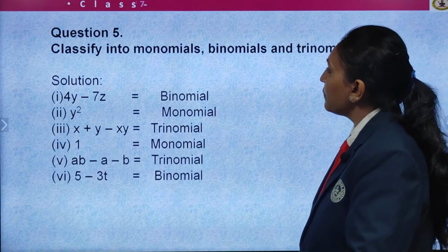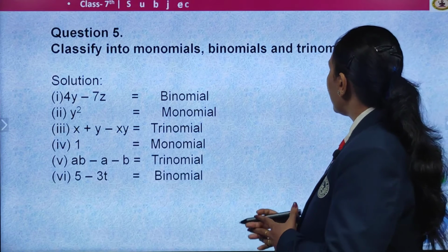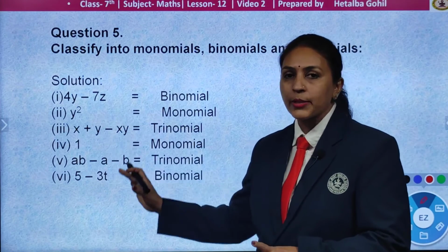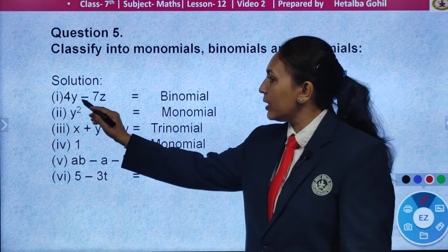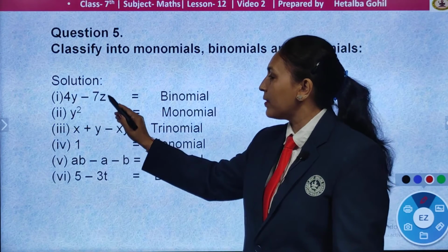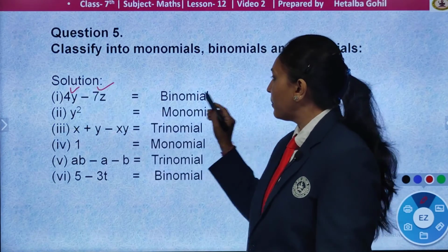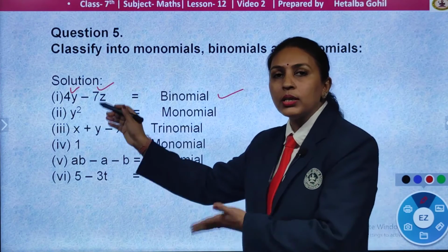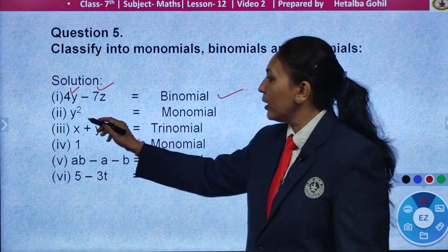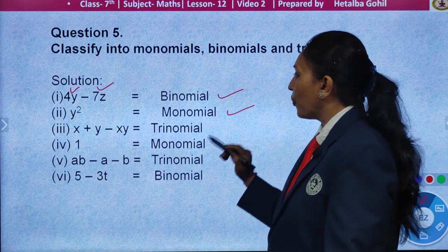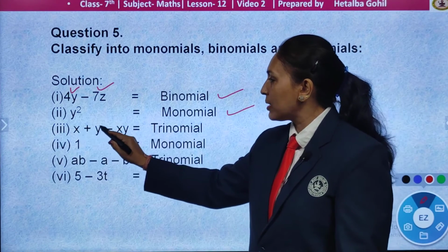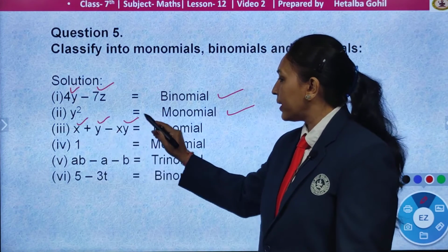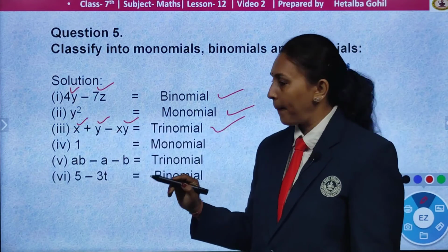Question 5, classify into monomial, binomial and trinomial. Very easy children, just count the terms in the expression. The first one, 4y minus 7z, 1 and 2, that means it is a binomial. Y square, there is no operation and no other term added to it or subtracted from it, only 1, so it is monomial. Here you have x plus y minus xy, 1, 2 and 3, that means it is trinomial.